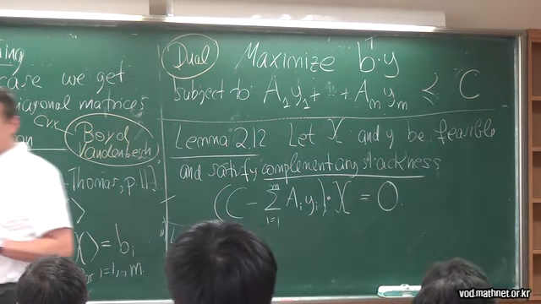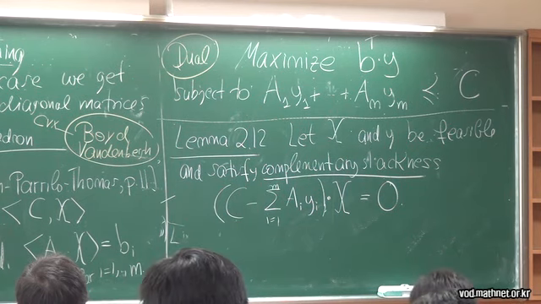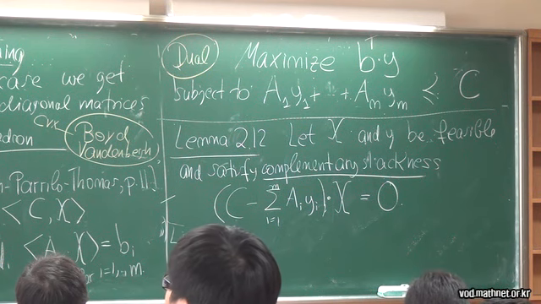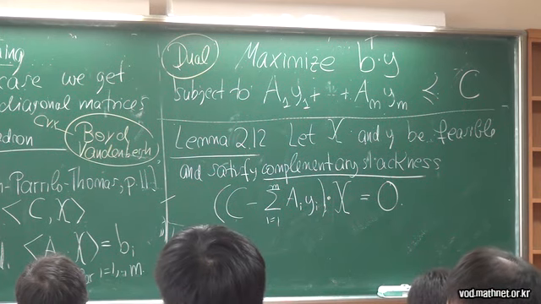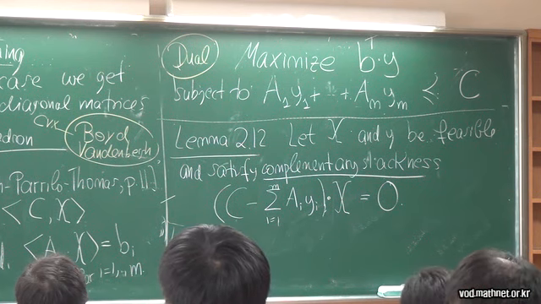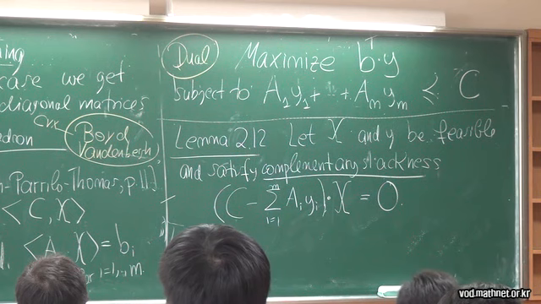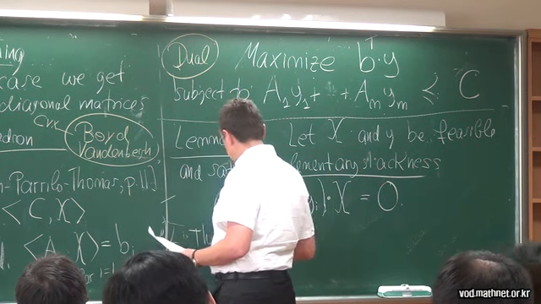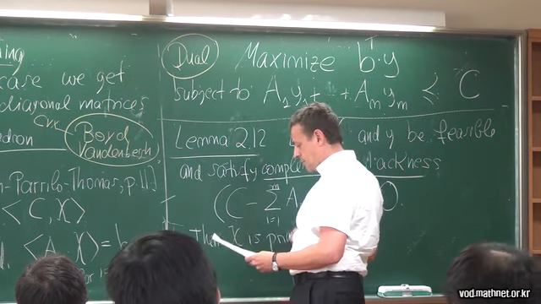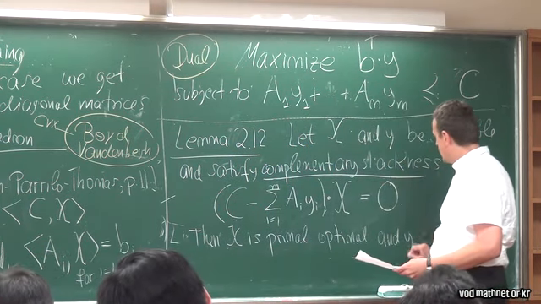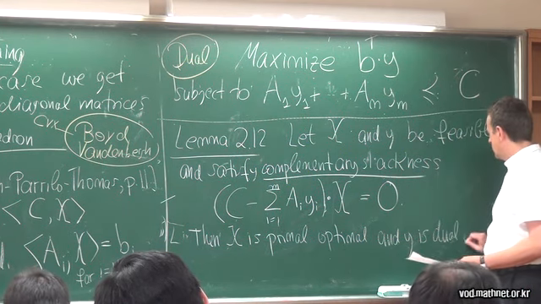So we have the matrix product of two symmetric n by n matrices, and we want the product matrix to be the zero matrix. So this is a system of many bilinear equations, linear in x and linear in y, quadratic altogether. Okay, so if that is all the case, that's the hypothesis, then x is primal optimal, and y is dual optimal.